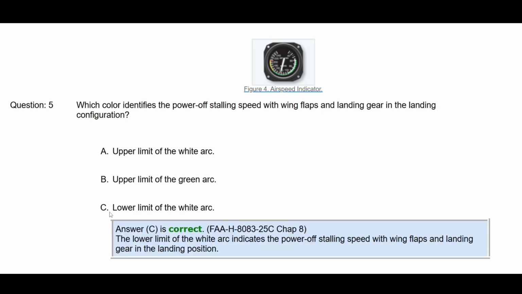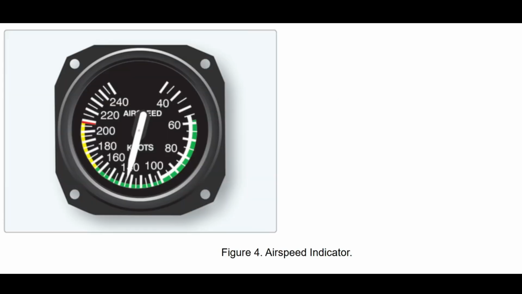Question 5. Which color identifies the power off stall speed with wing flaps and landing gear in the landing configuration? So answer B, C. The white arc includes the landing configuration along with the flaps operating range.